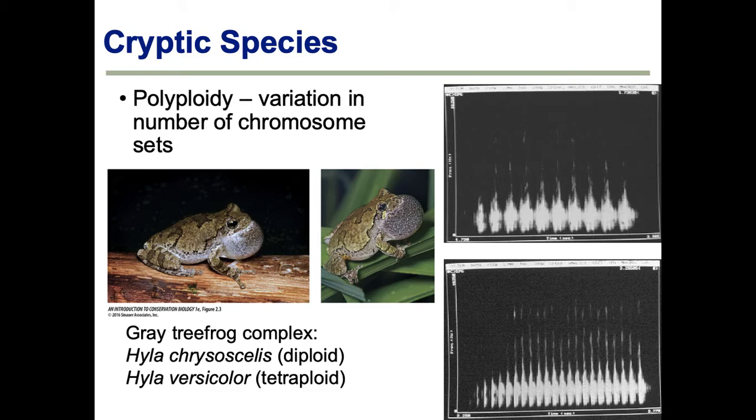So they cannot breed and make offspring that are viable. But their calls are slightly different. I can tell the difference between the calls of the 2 species, but you might not if you didn't practice listening to the 2. But if you pick one up, there's no way to know. And if you get a female, which doesn't call, there are places where you get both species. It's very hard to tell the females apart unless you look at their chromosomes.